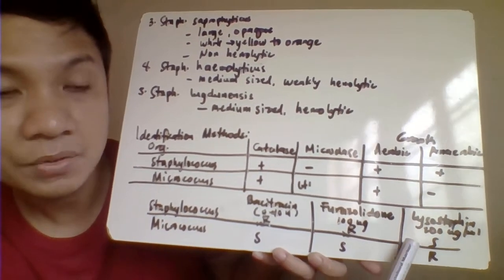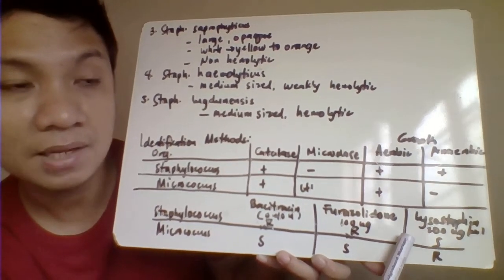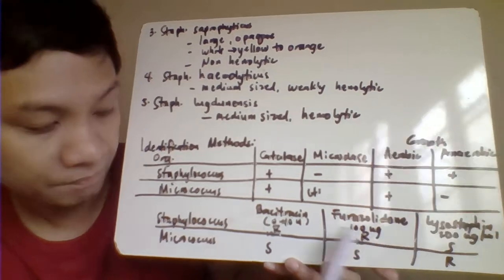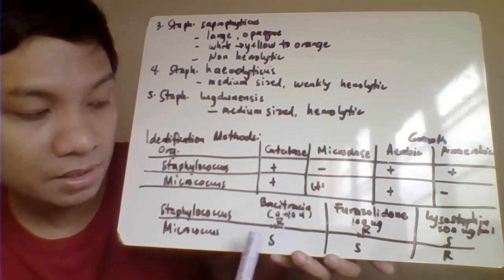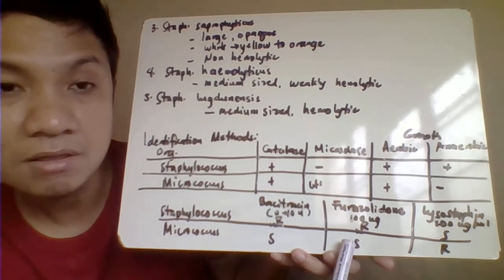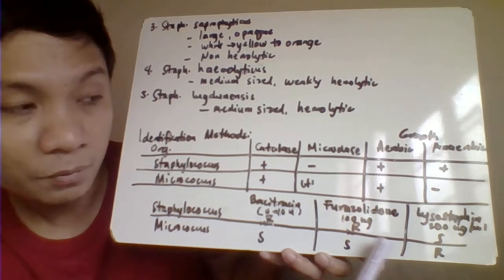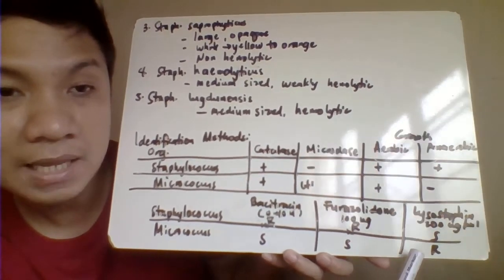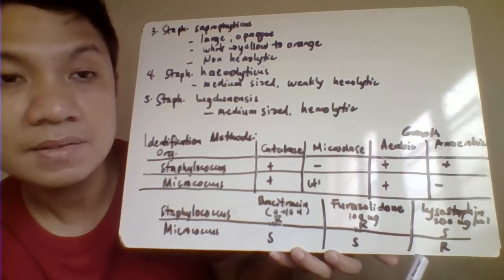Whereas lysostaphin would give a susceptible result, signifying that it is effective against the staph infection. Micrococcus, on the other hand, would have a susceptible result to furazolidone, so it will be effective against your Micrococcus. Whereas lysostaphin will not be effective against your Micrococcus because it would have a resistant result.